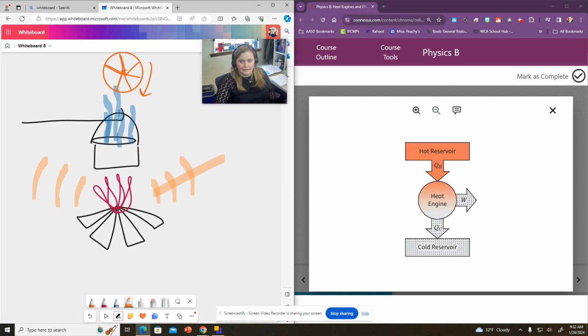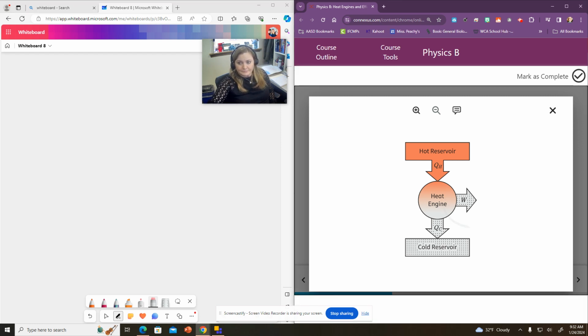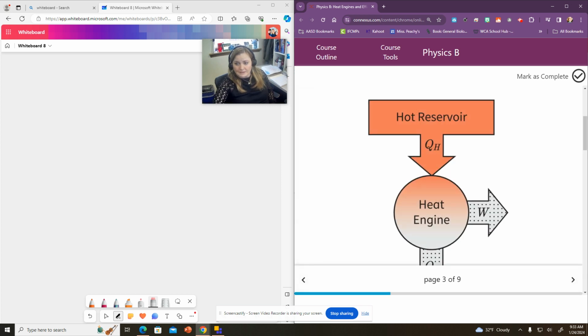How much of it can be used to do work, we can measure that, and we can determine how efficient that machine actually is. The more efficient it is, the more will be used to do work and the less will go into the cold reservoir. That's kind of the idea there.